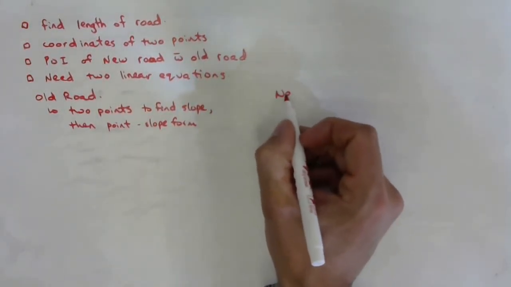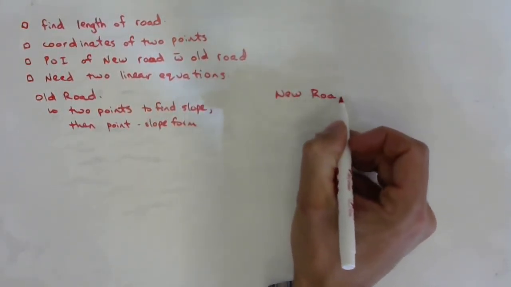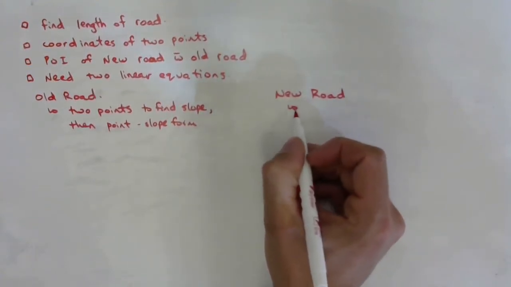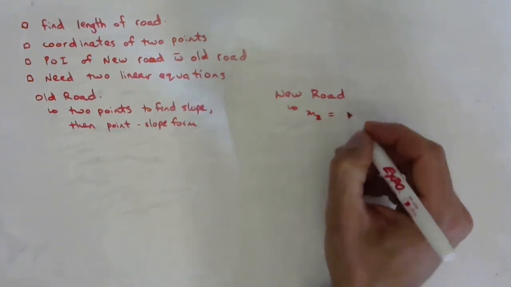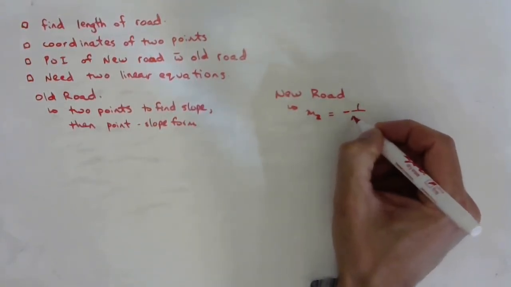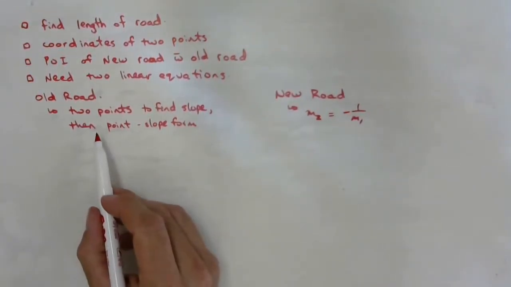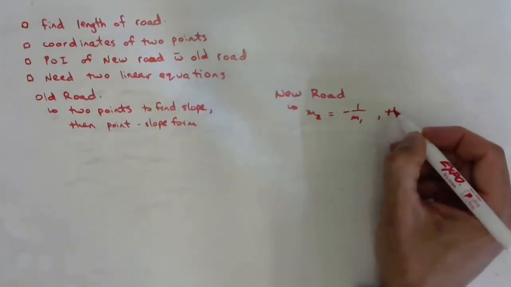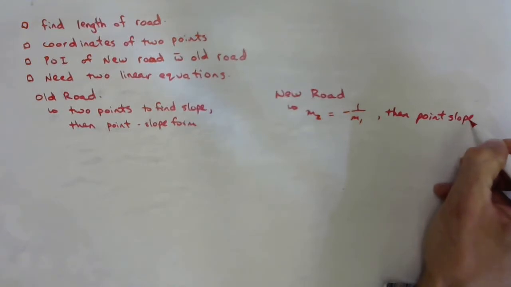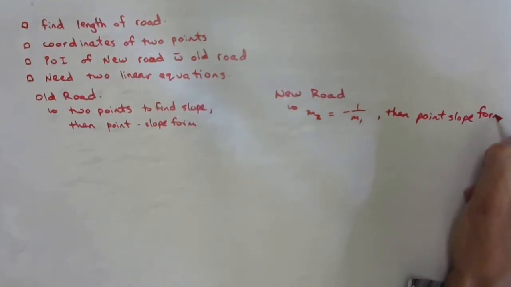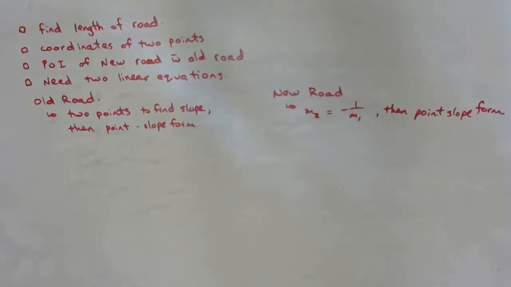For the new road, then I'm going to go over to New Roadville. My new slope is going to be the opposite reciprocal of the slope that I get over here. Then I'm going to use point slope form. Okay, we've talked through it.